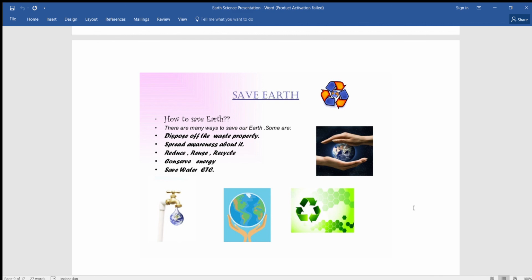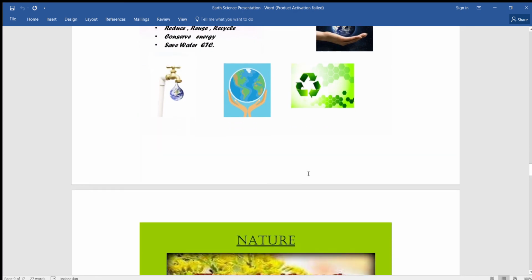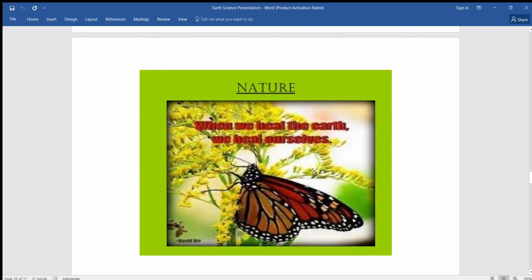Some are dispose of the waste properly, spread awareness about it, reduce, reuse, and recycle, conserve energy, and save water. Okay, so yan yung mga kailangan nating gawin para ma-save natin ang Earth. Okay, so para makabalik ulit tayo sa dating tayo.